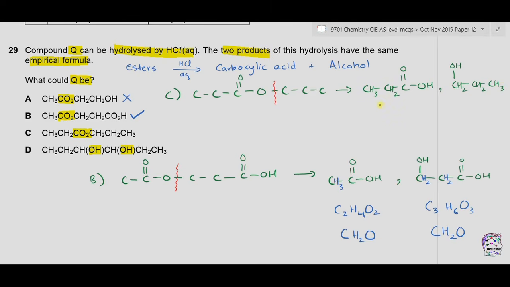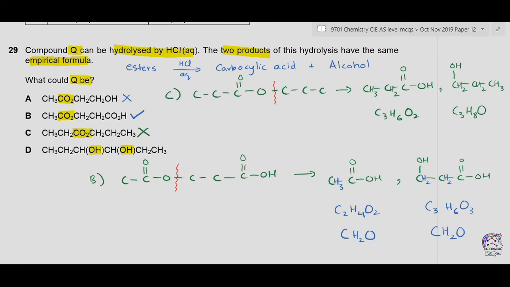The molecular formulas will be C3H6O2 for this carboxylic acid and C3H8O for this one. Now the empirical formula cannot be simplified any further. As we can see that the empirical formulas are different for both of them, so therefore C is also incorrect.